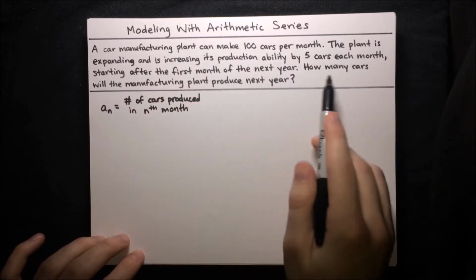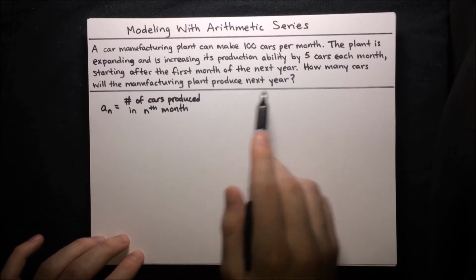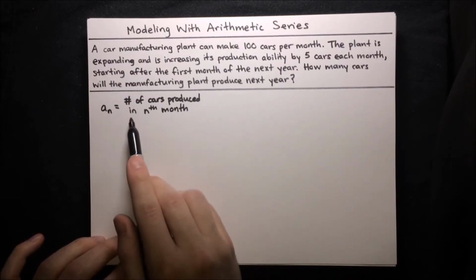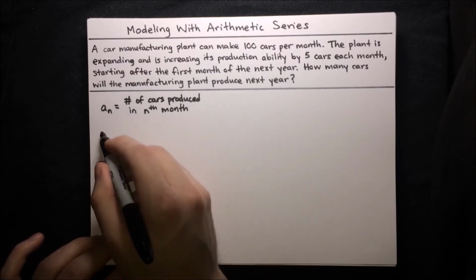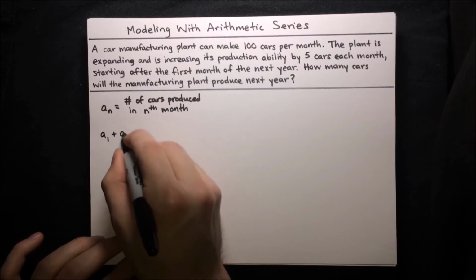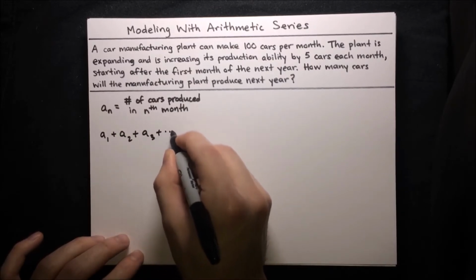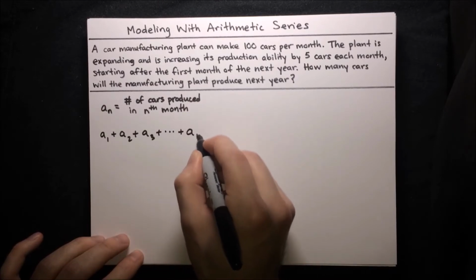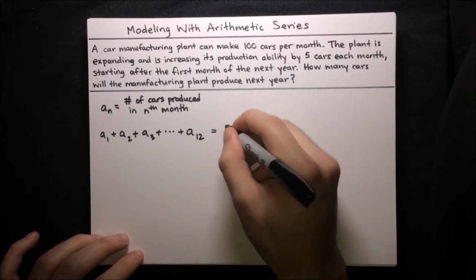To find how many cars the manufacturing plant will produce next year, we need to sum up the number of cars produced in the first, second, third, all the way to the 12th month, because there are 12 months in a year. So we want to sum up a_1 plus a_2 plus a_3 and so on all the way up to a_12. Let's recall the formula for the sum of the first n terms of an arithmetic sequence.